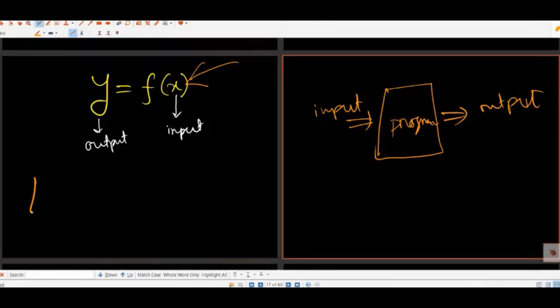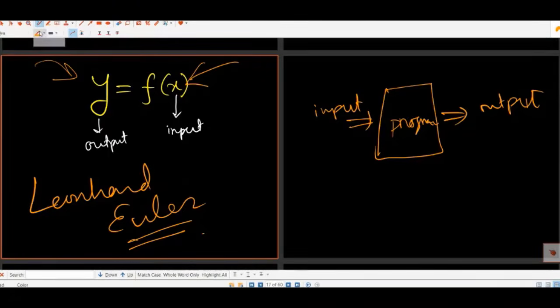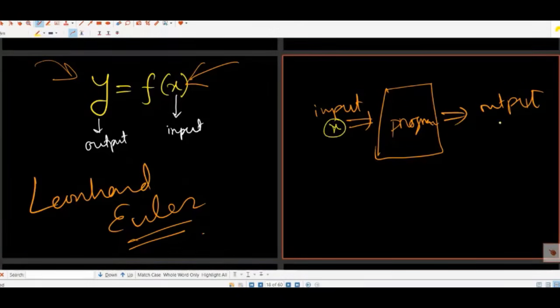Euler is pronounced Euler, not Euler. So Euler conceived the idea of function to be like this, y equal to f of x, where x is the input, y is the output, and we have f of x.